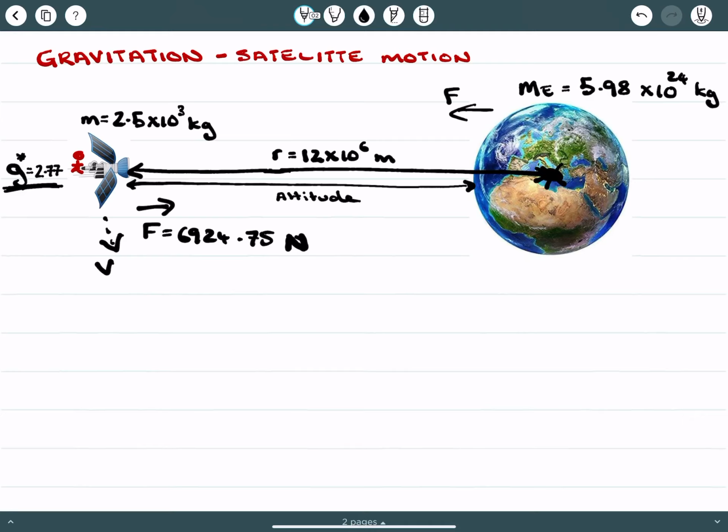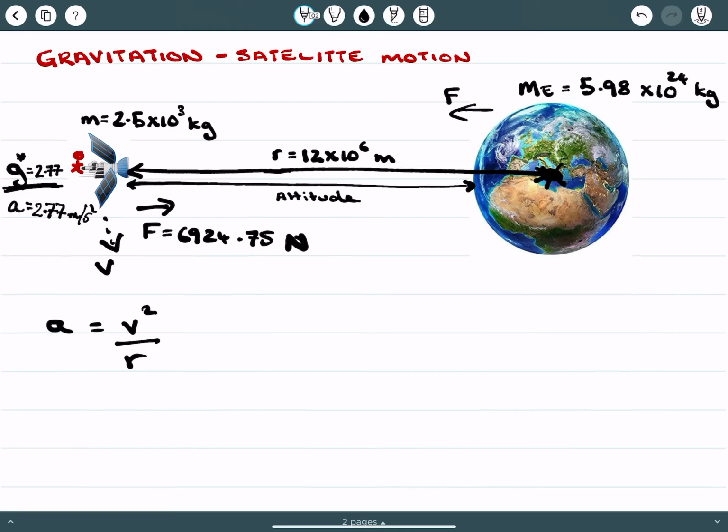What we're going to do is refer back to our circular motion equations, and say that a equals v squared on r. Now remember, this gravity here is also an acceleration, so we would normally express it as 2.77 meters per second squared. That's how fast the object is accelerating.